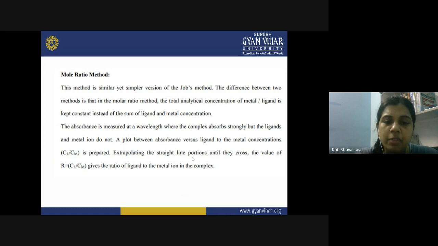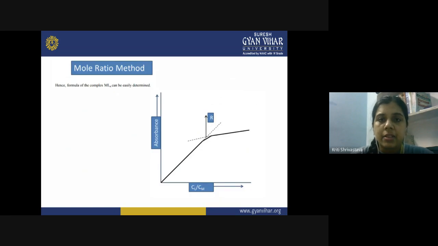From this value we can calculate the coordination number of the metal ion, or you can say how many ligands are attached to the metal atom in that complex. Let us see the graph. This is the graph that we plot in the mole ratio method.